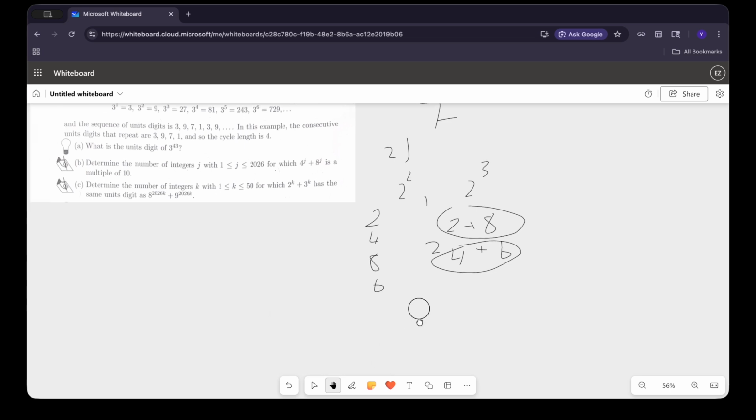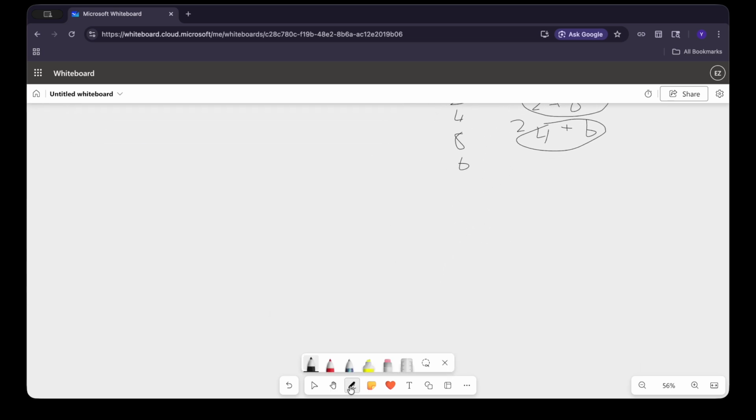Now we start to investigate them one by one. For case 1, we're looking for endings of 2 and 8.